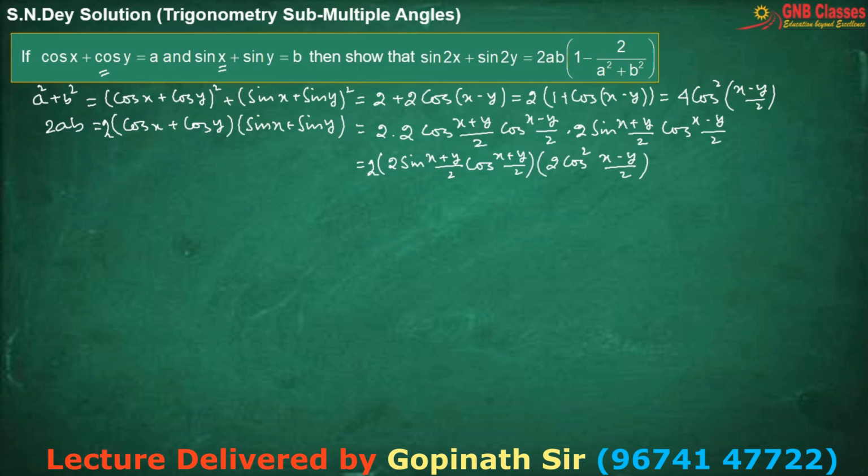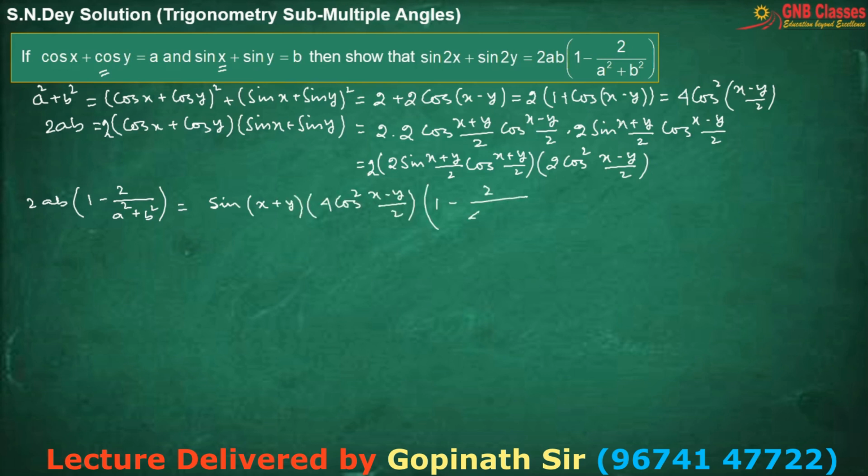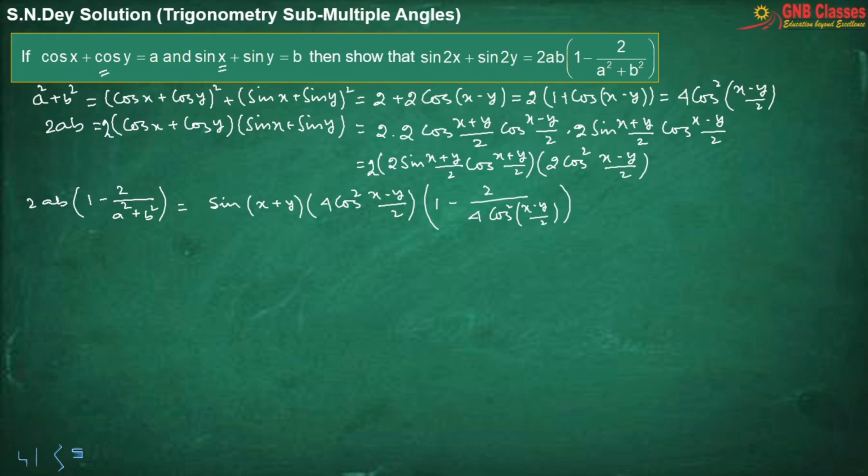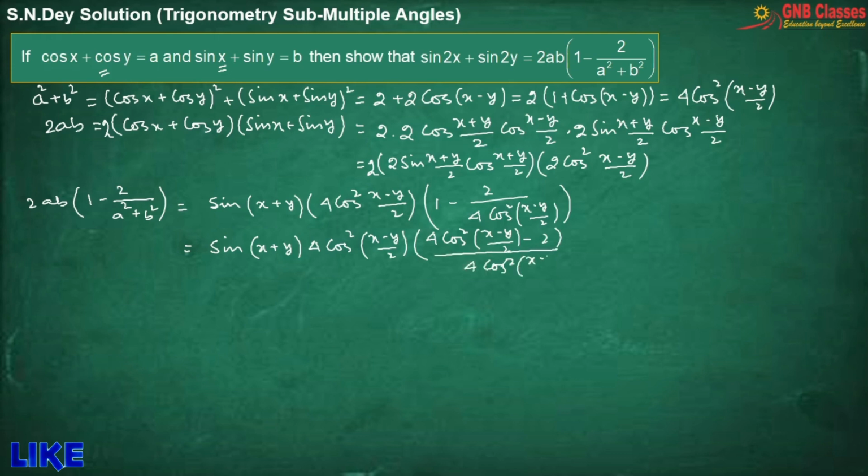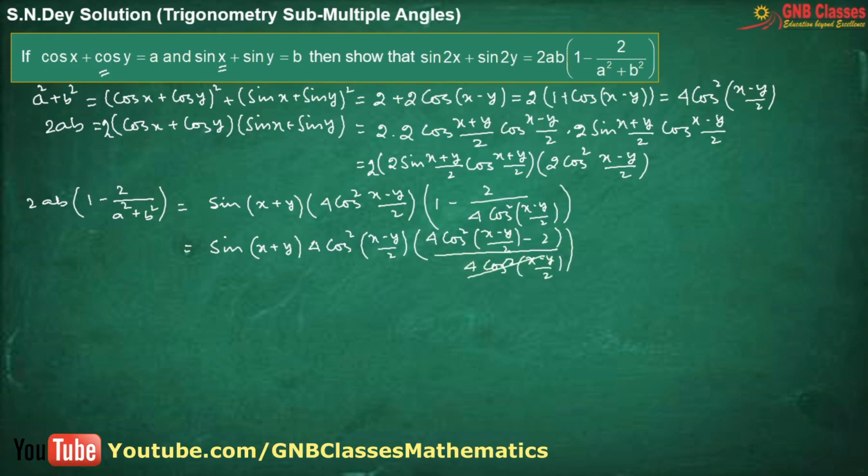Okay. Now let me take the right hand side and put all those values in. 2 sin a cos a can be written as sin 2a. So it is sin x plus y. After taking LCM, this and this go off.